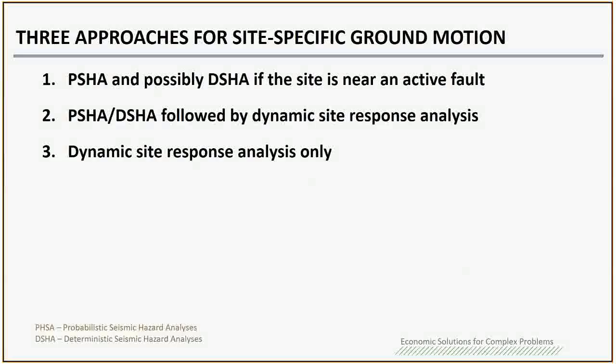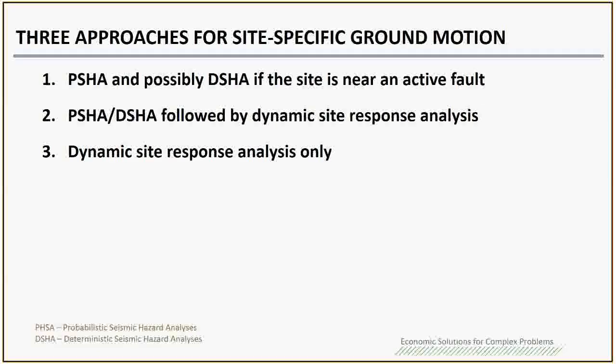Then you basically adjust the SS and S1 developed from your own PSHA or DSHA to the ground surface. Most of the time, you cannot use this option because the reason you want to do the site-specific ground motion analysis is because FA, FV are not available in the tables in section 11.4.